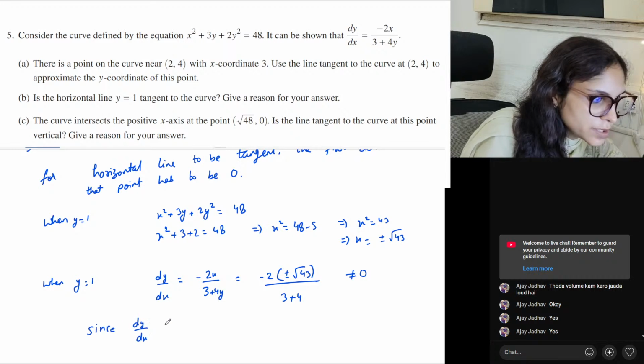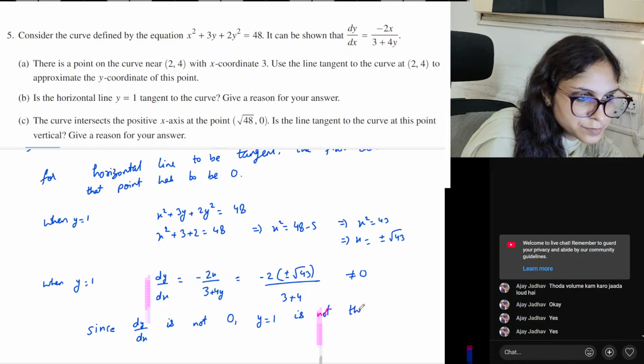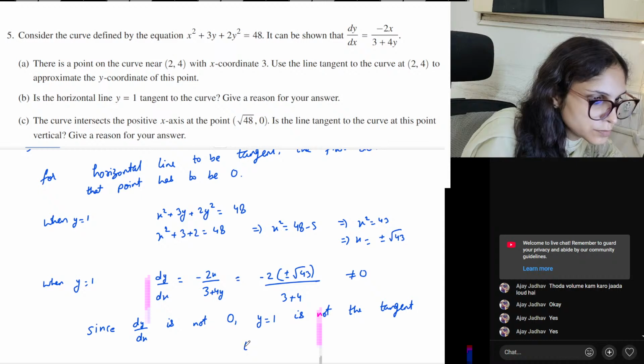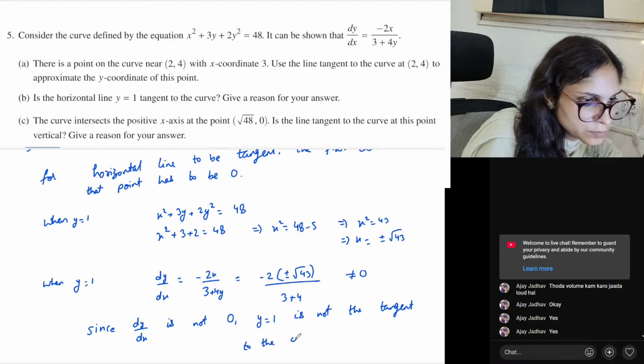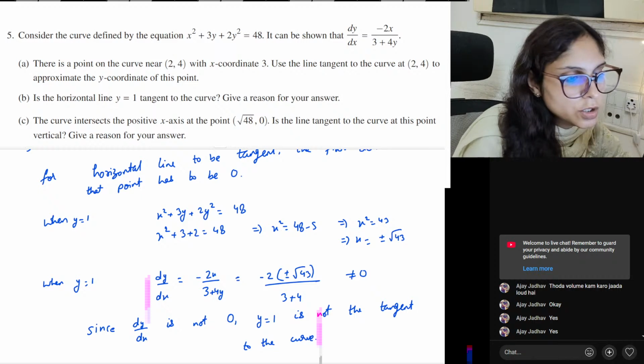Since dy over dx is not 0, y is equal to 1 is not the tangent. Got it?